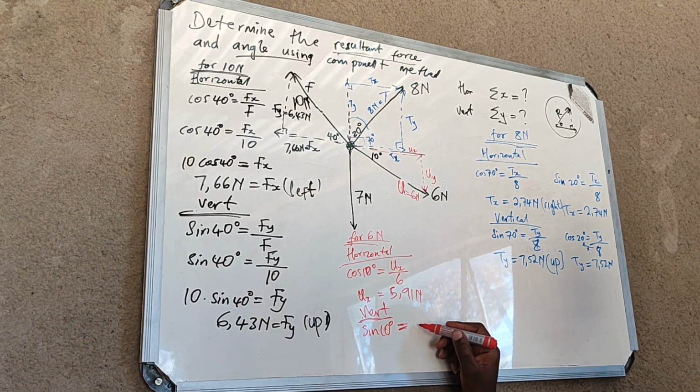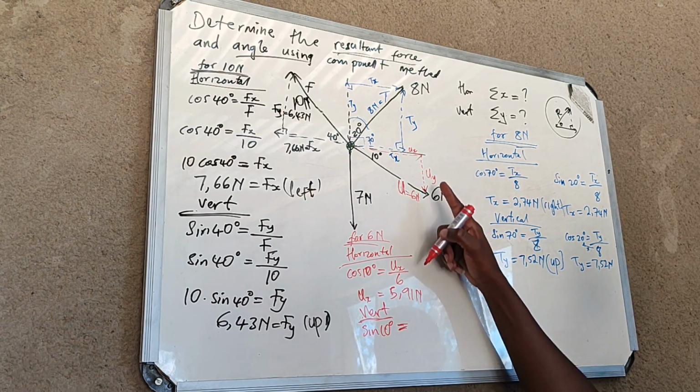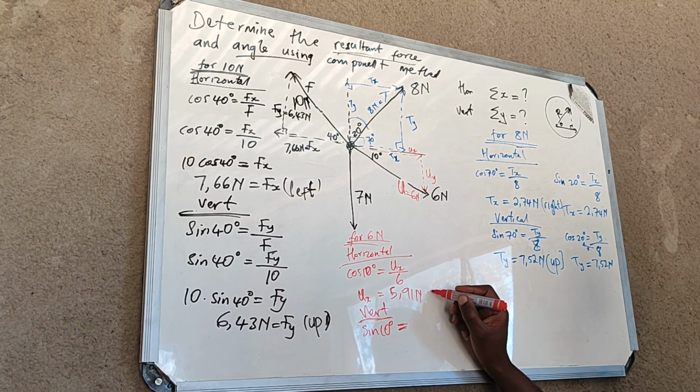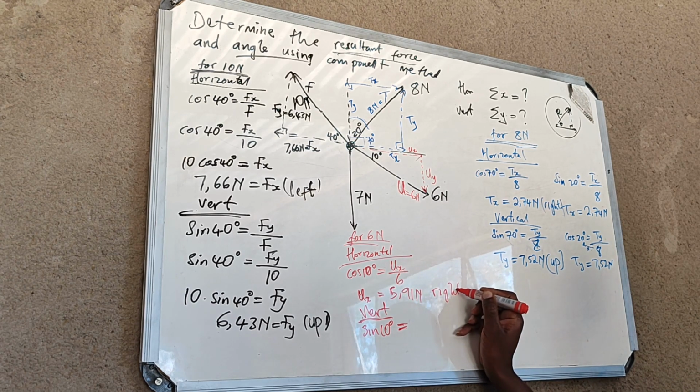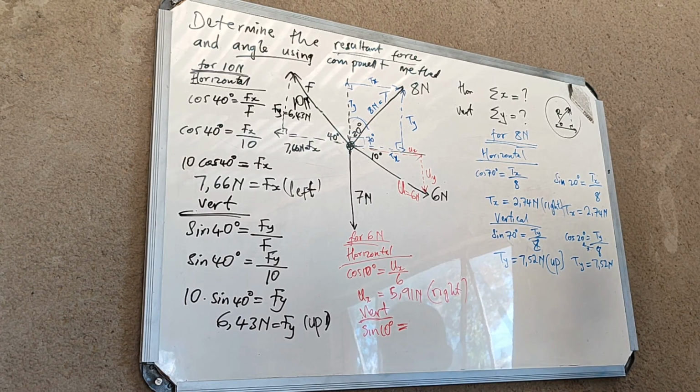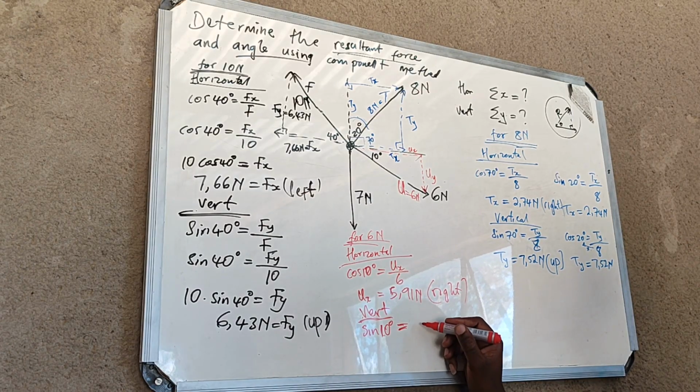Similar direction. The direction here will be left or right? Right. That will be right. That is our direction. Then now sine of 10 degrees equals the opposite, which is u of y, over what is next?